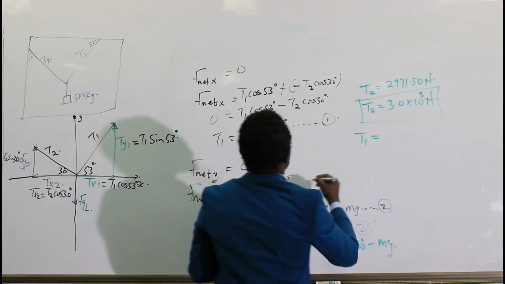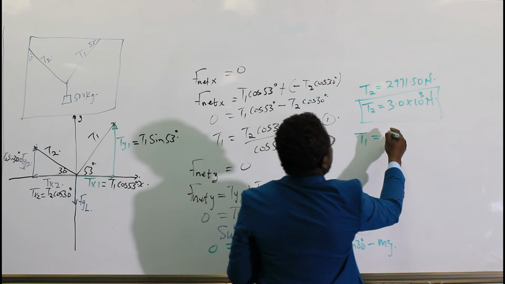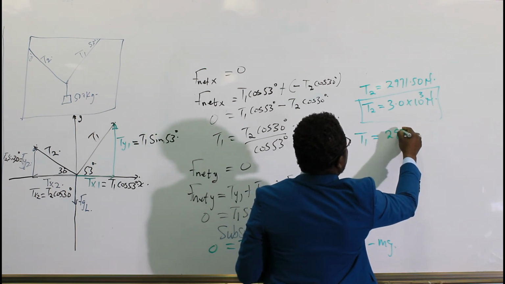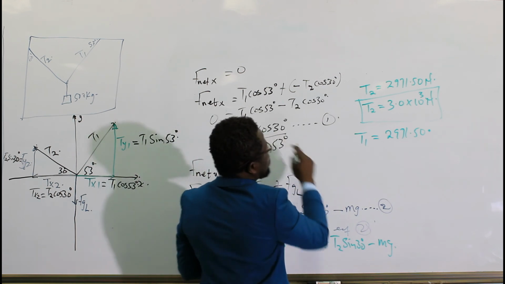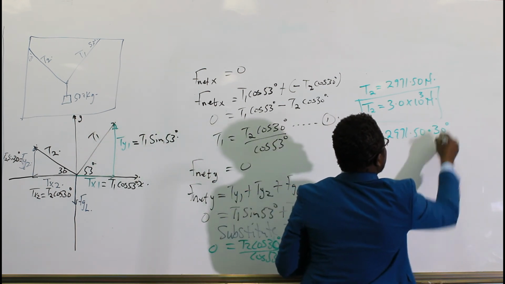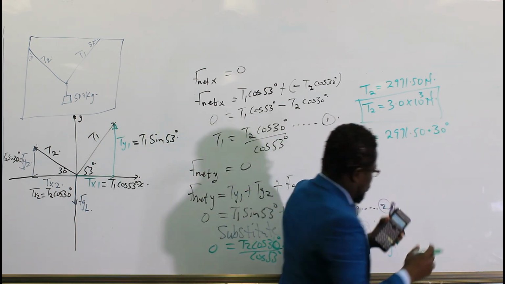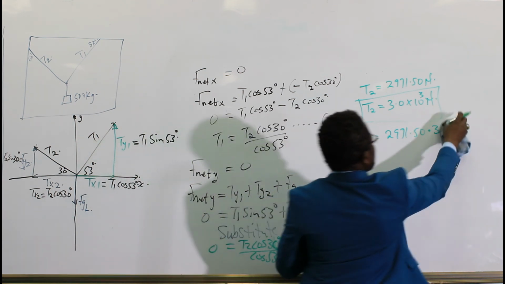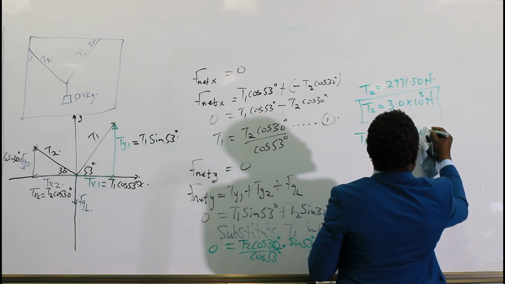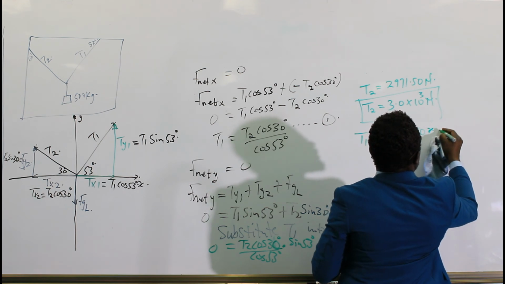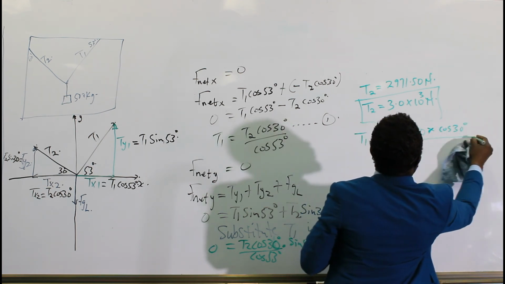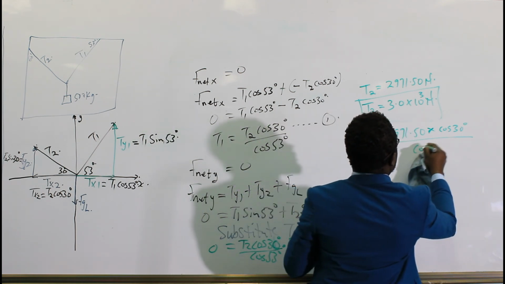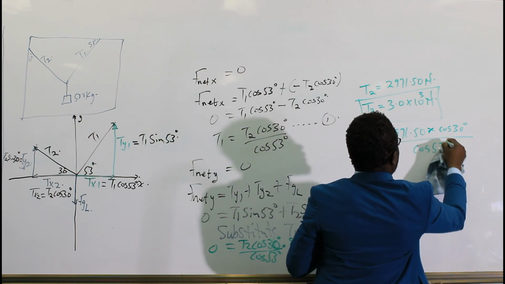T1 is now equal to T2, which is 2971.50, multiplied by cos 30 degrees, and then we divide that by cos 53 degrees.